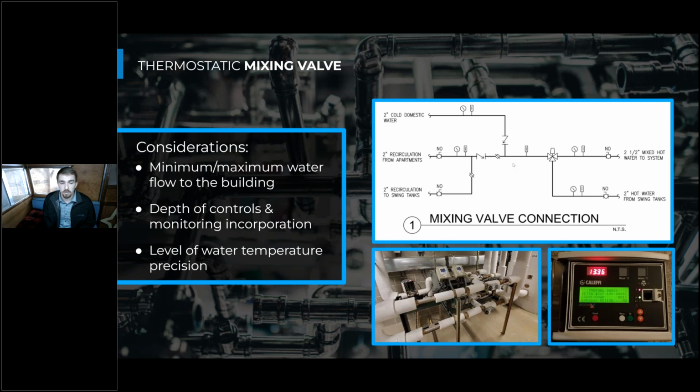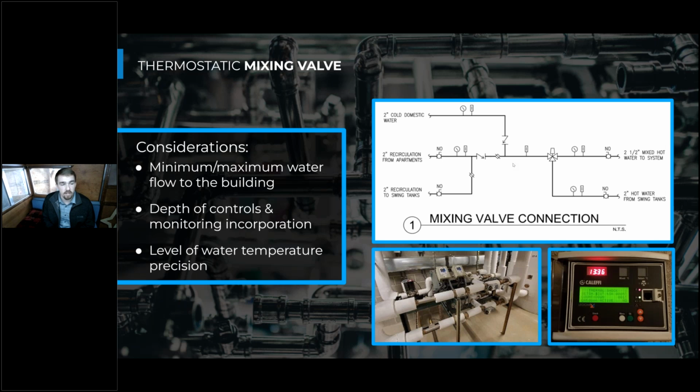So do you want to monitor specific temperatures coming out of the mixing valve and send an alarm if that water temperature is too low? Then an electronic mixing valve might be a good choice, because a lot of times those sensors are built in, but the mixing valve rep and the controls contractor will have to work closely to make sure that those can integrate well.